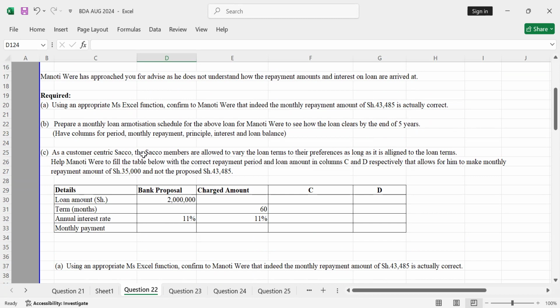as a customer-centric circle, the circle members are allowed to vary the loan terms to their preferences as long as it is aligned to the loan terms. You are required to help Manoti Wele to fill the table below with the correct repayment period and loan amount.